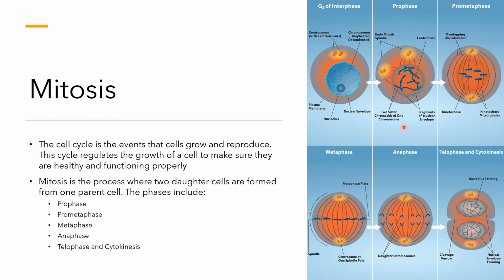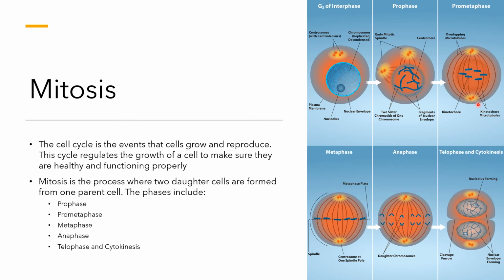That means it's getting ready to kind of disappear. Then you have your prometaphase. Now at this point you have the spindles at the north and south part. They've already migrated apart from each other.